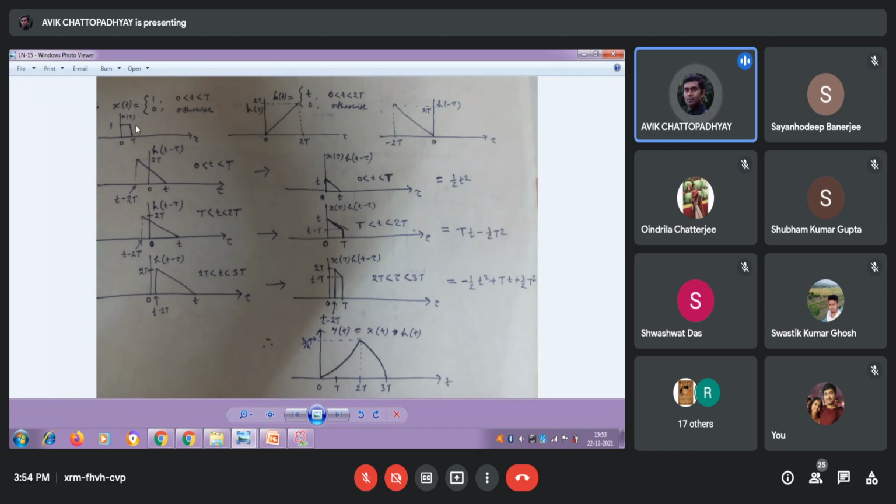You just do the convolution using this graphical method, and then check how the shape of the resultant signal is going to vary. That means it's the impact of width on the nature of the convolved signal. Okay, did you understand?